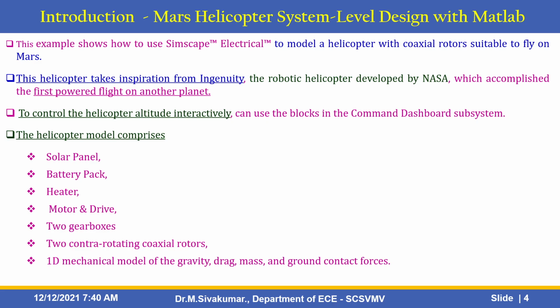This helicopter takes inspiration from Ingenuity, the robotic helicopter developed by NASA, which accomplished the first powered flight on another planet. To control the helicopter attitude interactively, you can use the blocks in the command dashboard subsystem. This helicopter model comprises a solar panel, battery pack, heater, motor and drive, two gearboxes, two contra-rotating coaxial rotors, and a single-dimensional mechanical model of gravity, drag, mass and ground contact forces. The blocks can be taken from the Simscape Electrical library.